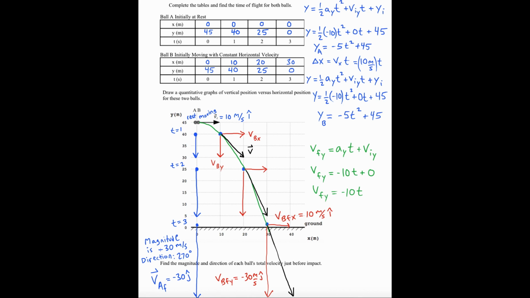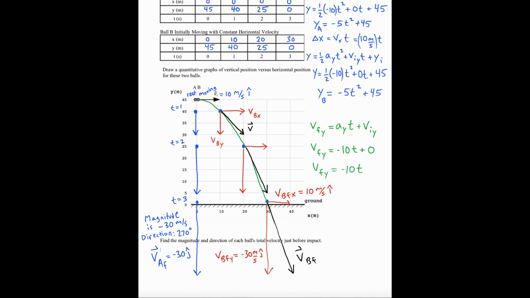Now I just want to find the length of that total velocity vector. That is the length of VB final. How long is it? Let's use the magnitude formula.